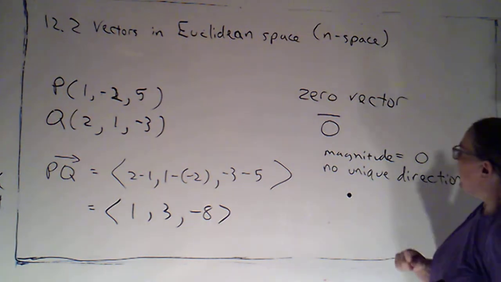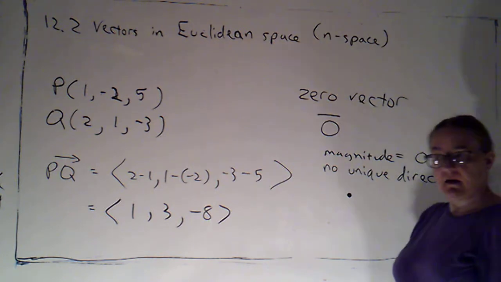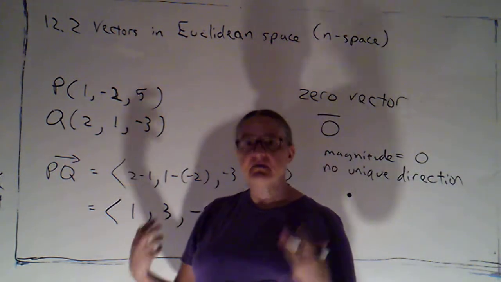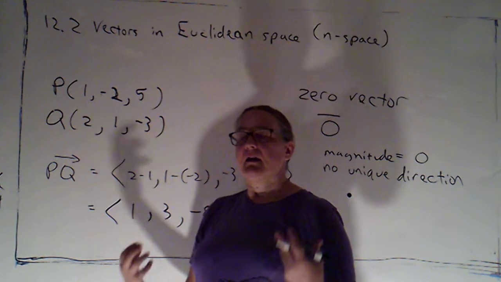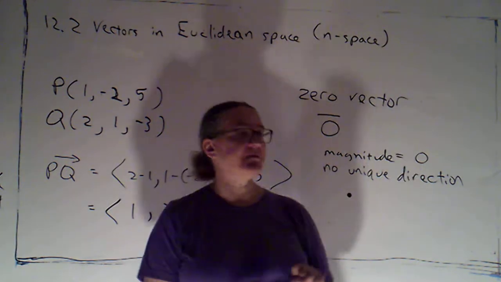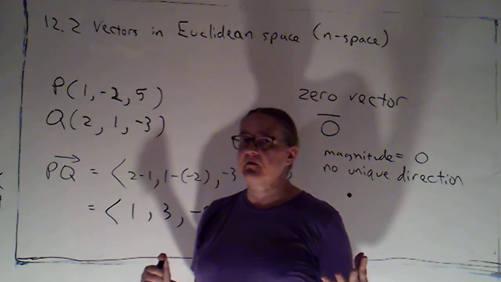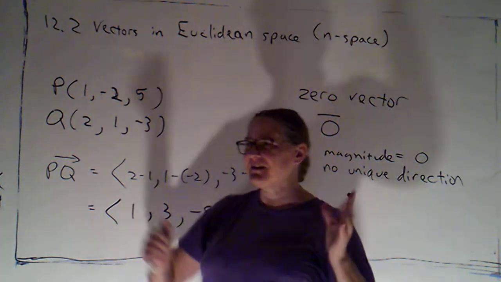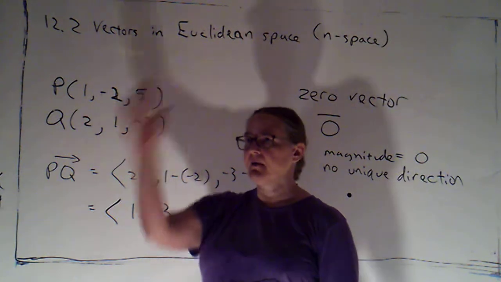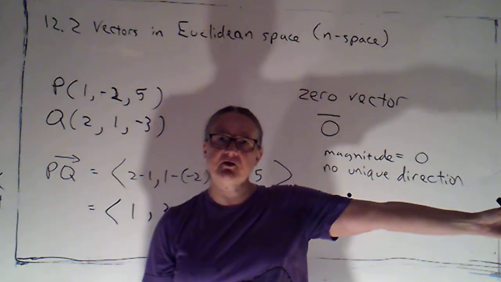So if I've got 0 as my velocity, what that says is I'm not moving. So my speed would be 0. The magnitude of that vector would be 0. And there's no unique direction associated with that. But that's not to say that I can't think in terms of directions. If I'm not moving, I'm going 0 in that direction, and 0 in that direction, and 0 in that direction.